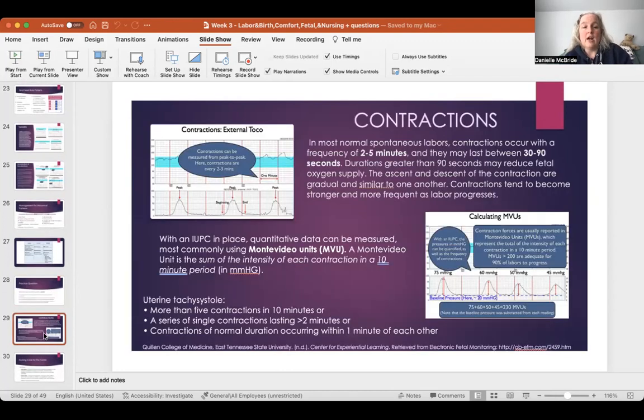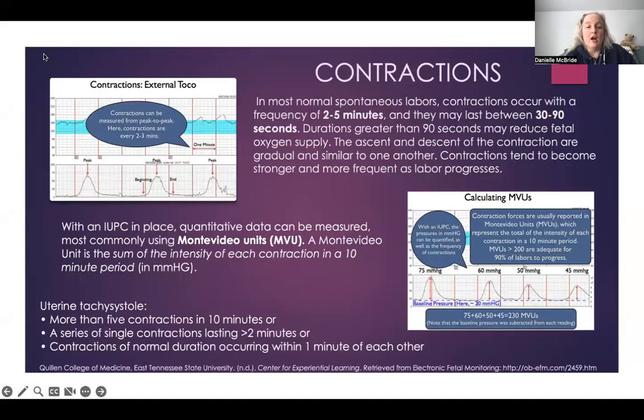So when we look at our contractions, we are counting a few things. We're looking at how far apart they are. We can count from the beginning of one to the beginning of the next. And usually our frequency is about every 2 to 5 minutes. We're also going to count how long they're lasting, because remember, every time the uterus contracts, it's affecting our blood flow to the placenta.